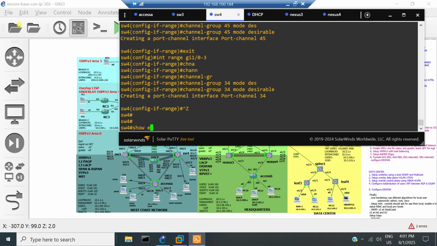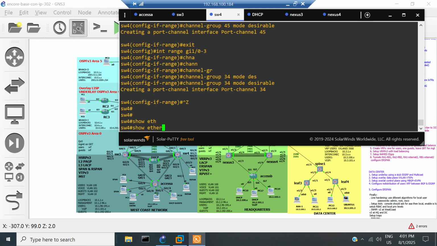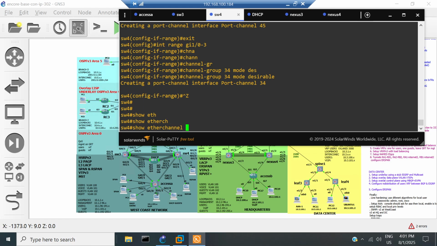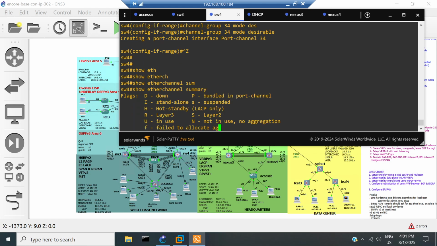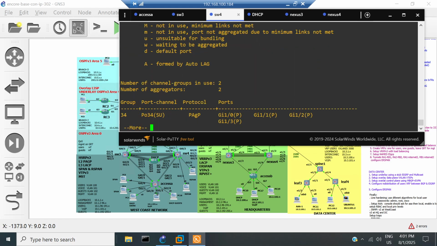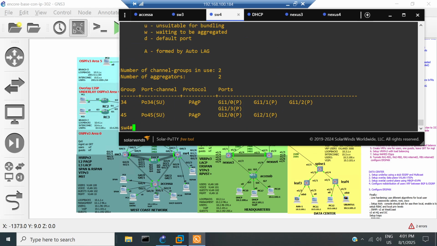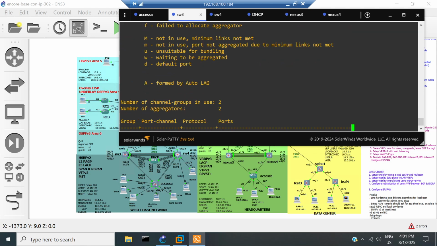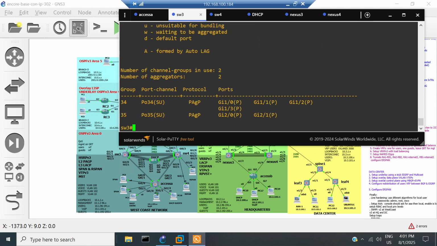So all the EtherChannels are created to form this layer 2 triangle. So layer 2 up, participating, layer 2 up, participating, layer 2 up, participating, layer 2 up, participating.